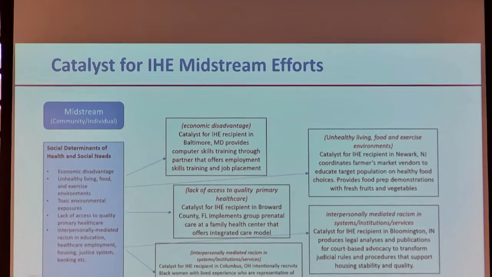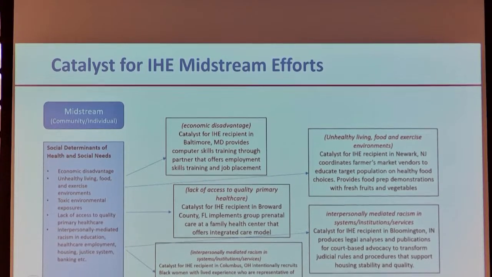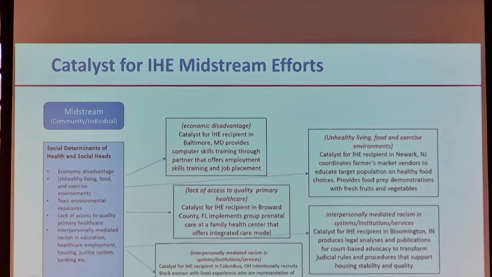Again, midstream, because it's more about raising awareness by producing the legal analysis and publication documents, but also this court-based advocacy is keeping people in their homes. So that's what we want to see.